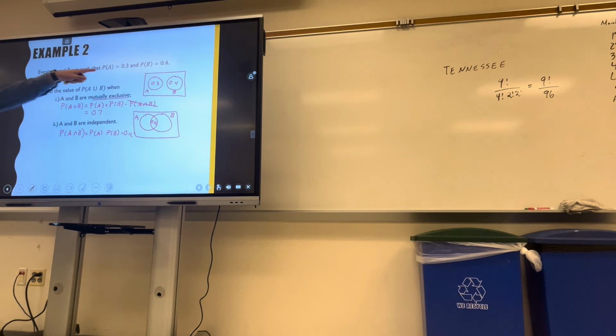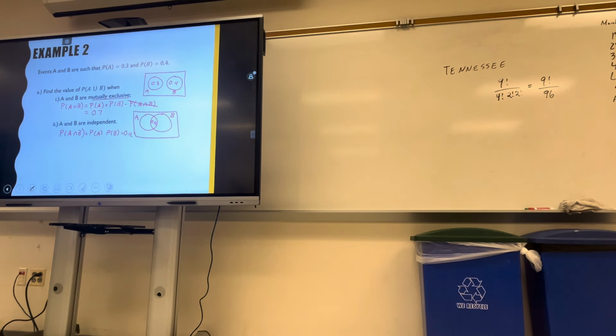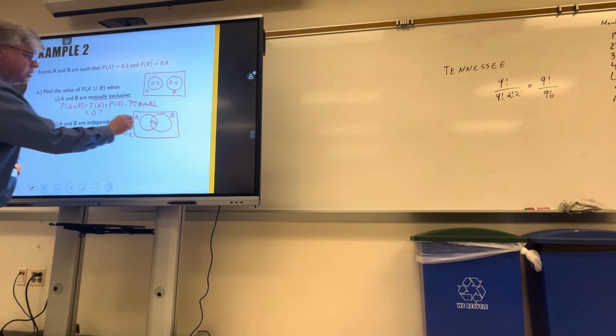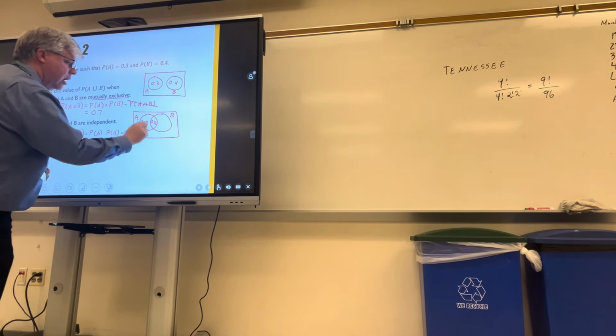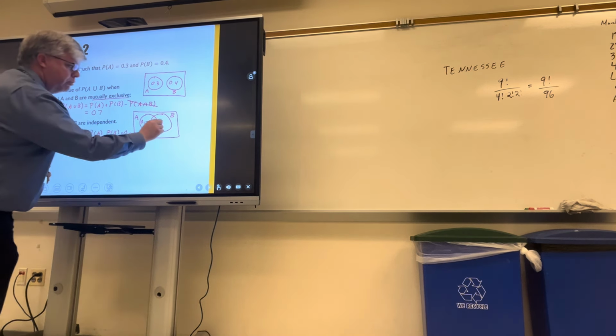If the chance of A happening at all is 0.3, but 0.12 of that is already accounted for, how much is left over here for the chance that only A happens out of A and B? 0.18. So this goes here. And then you can do the same thing for what's the chance that just B happens? 0.28.